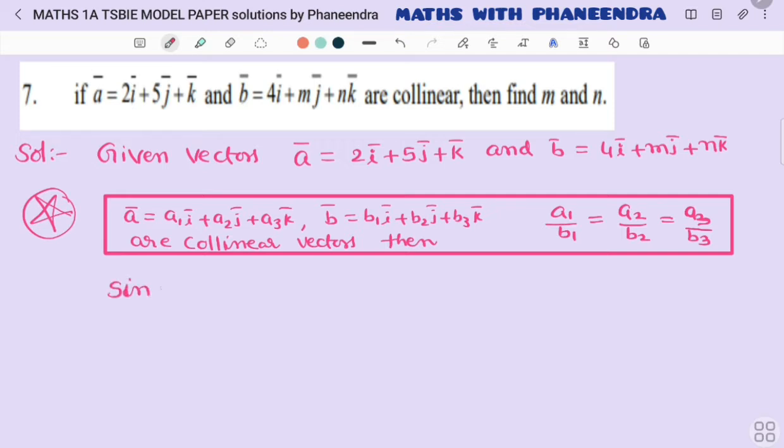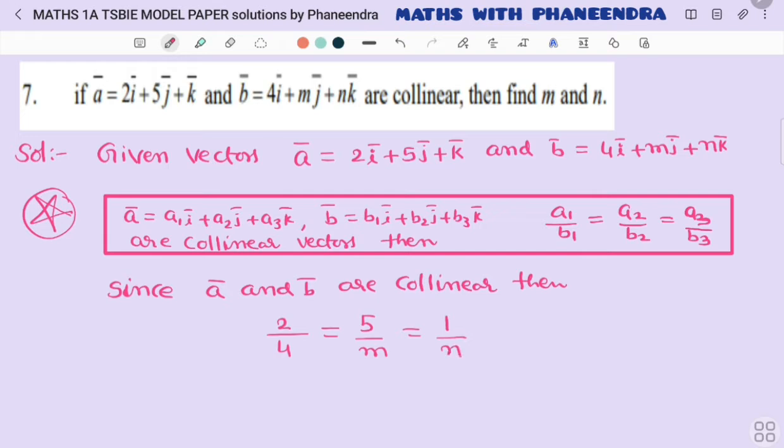Since A bar and B bar are collinear, from the first vector a1 is 2. So 2 by 4 is equal to, since i bar coefficients are proportional, j bar coefficients are proportional, 5 by m is equal to the k bar coefficient 1 by n.